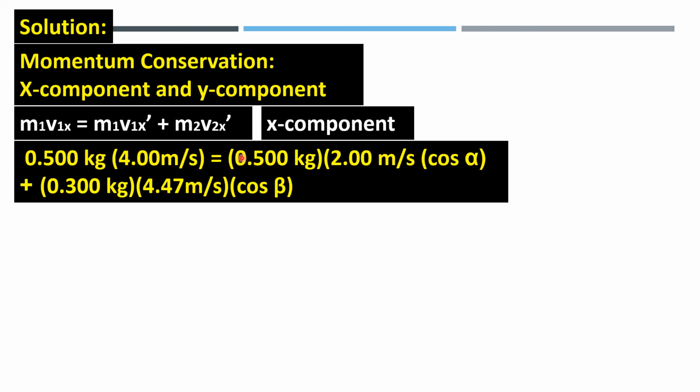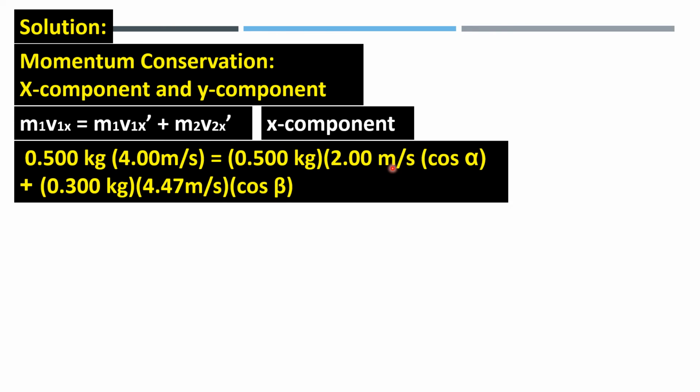Following that formula, we have the mass of the smaller particle, 0.5 kilogram, multiplied by its initial speed, 4 meters per second, or I should say velocity. And then we equate that to the mass of the smaller particle multiplied by its final velocity after the collision, 2 meters per second, which was given.